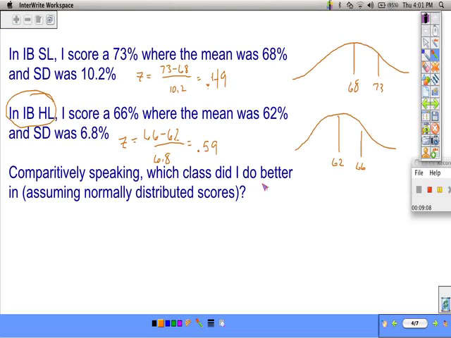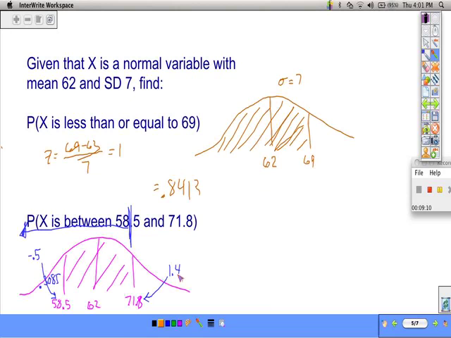So my area for the pink area, I'm going to take 0.9192. That's from 71.8 all the way to the left. And I want to subtract off this tail that I don't want. And the probability that I get for being between 58.5 and 71.8 is 0.611.